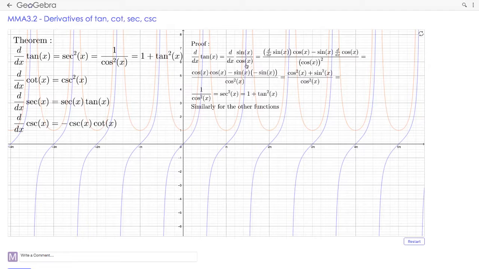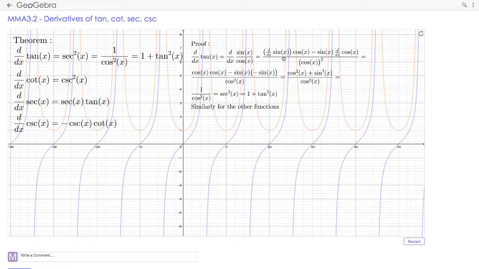Then we should multiply by the function we have at the bottom, that gives us this. Then we should subtract the function we have on top times the function we have below differentiated, so d/dx cosine x. And then we should divide everything by the function we had at the bottom squared, so that gives us cosine squared at the bottom.